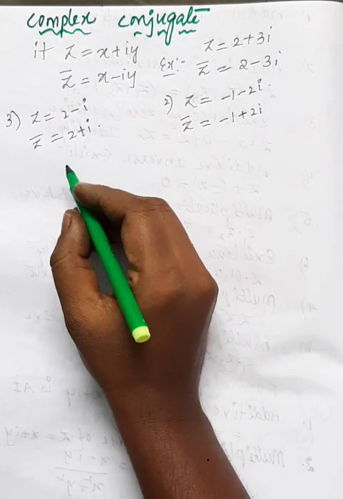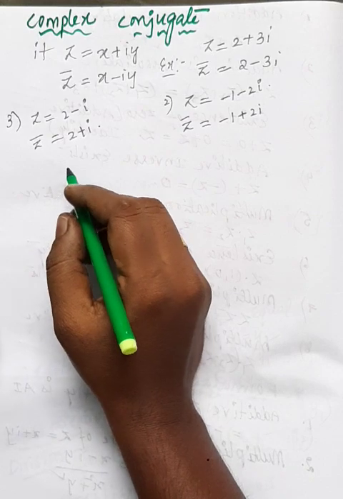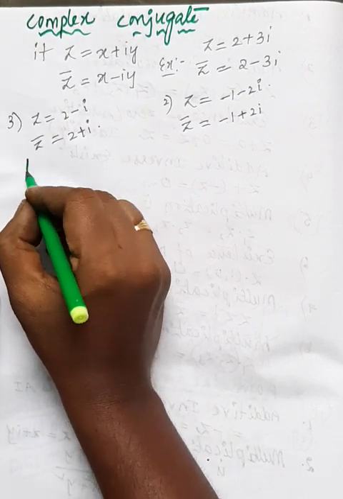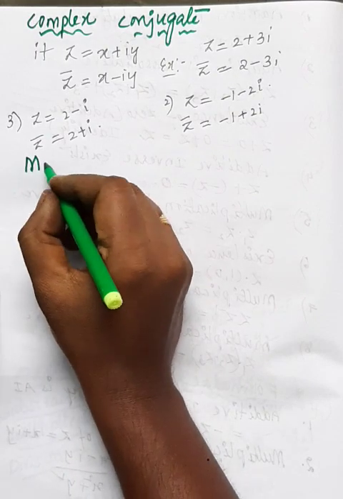Now let us see the polar form or modulus amplitude form of a complex number, which is a very important topic. You'll get one 5 marks question from this topic.